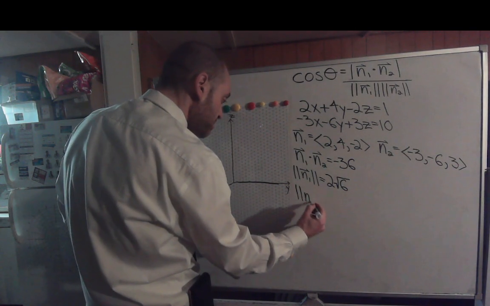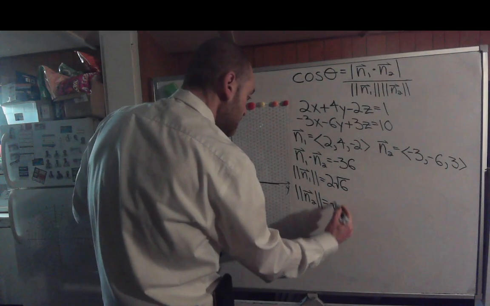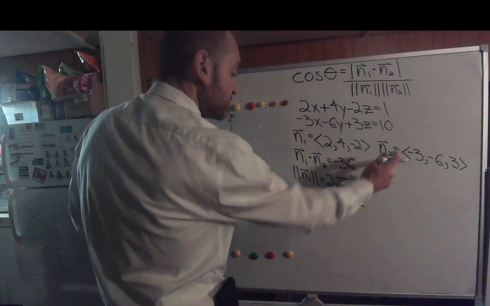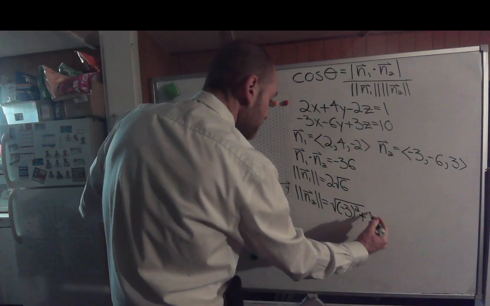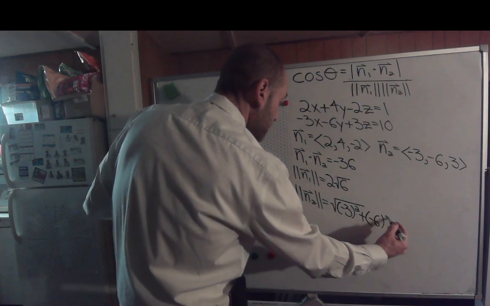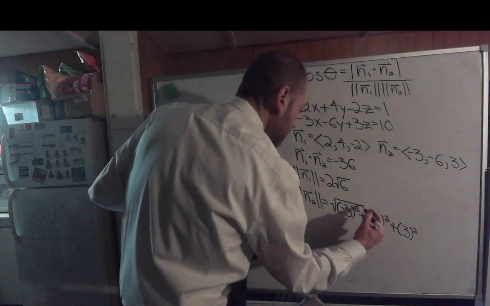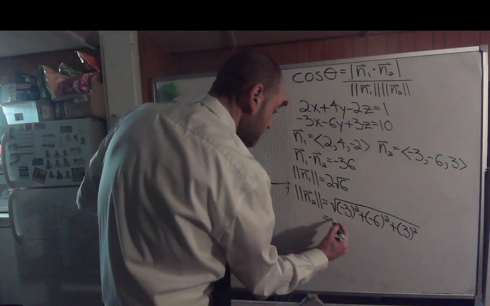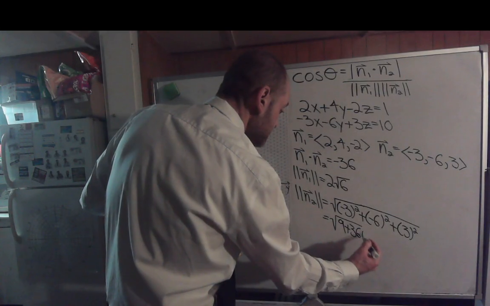Alright, so the magnitude of the second normal vector is going to be equal to the square root of the negative 3 squared plus the negative 6 squared plus 3 squared. So that would equal the square root of 9 plus 36 plus 9.